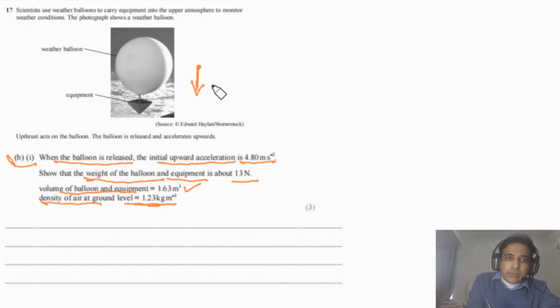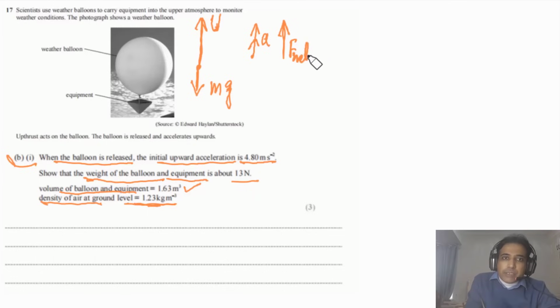The force acting in the downward direction is the weight of equipment and balloon, and there is an upward force, for which we can use the letter U. It is accelerating upward, so this is the direction of acceleration, and the direction of net force is always the direction of acceleration. Now we can simply use Newton's second law.